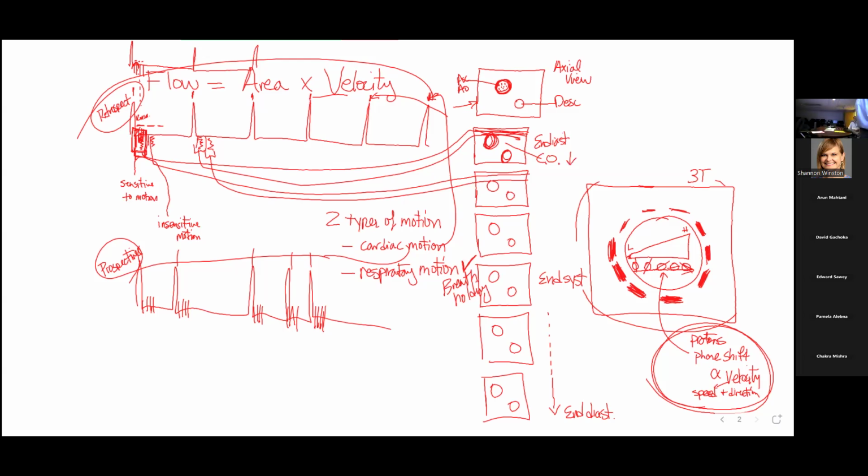So we have to do one of two things to take care of the respiratory motion artifact. One, we can do the breath holding, but if we know that our study is going to involve flow calculations, then we have to coach the patients to make sure that they don't have a Valsalva maneuver when they're holding their breath.